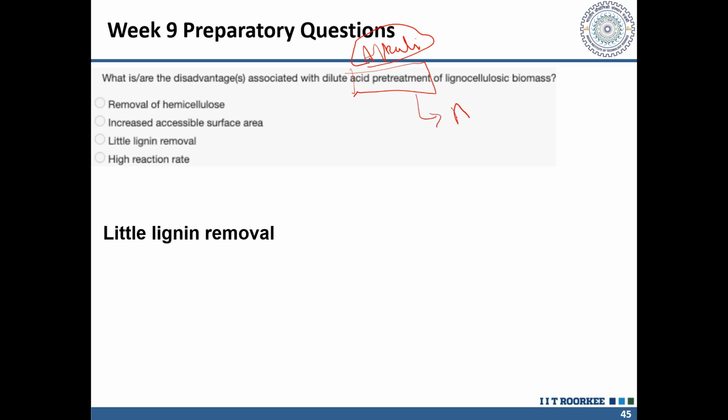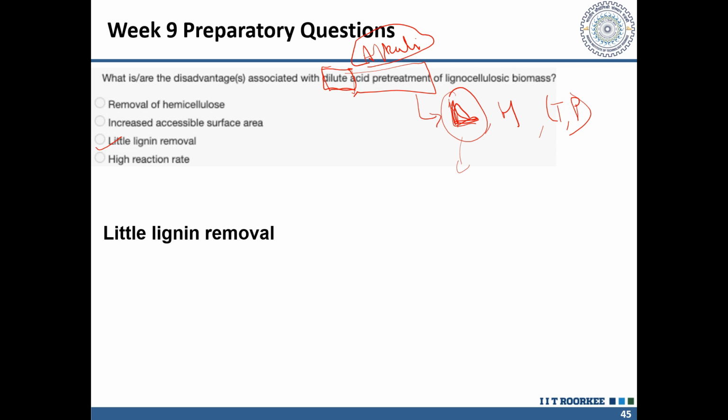It can remove the lignin and hemicellulose at high temperature and high pressure. But if we use a dilute acid, this process is not that well optimized, and a lower amount of lignin will be removed. Not all lignin will be removed. Therefore, the answer is little lignin removal. This is the major disadvantage of dilute acid pretreatment.